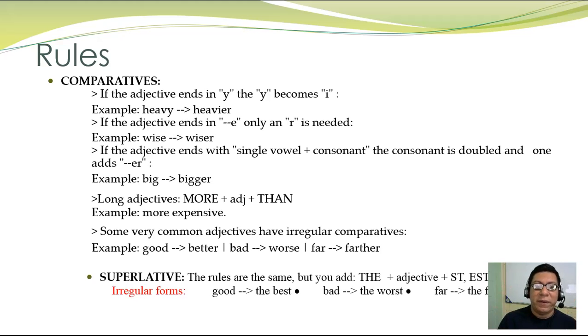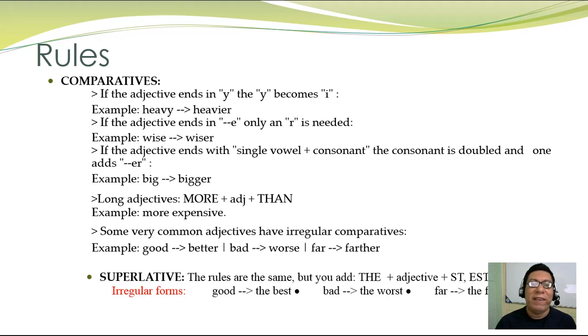In the case of superlative, we're gonna use these exact same rules, but in this case we have to add the word the before the adjective, with the difference that now we have to add st, est, or iest. The rules are the same, but instead of adding er or ier, we're gonna add est or iest according to the rule.